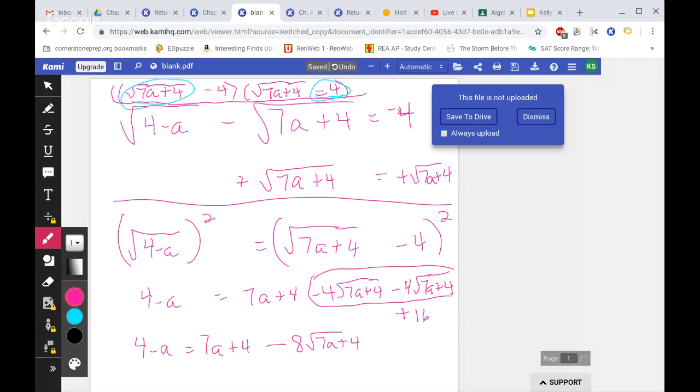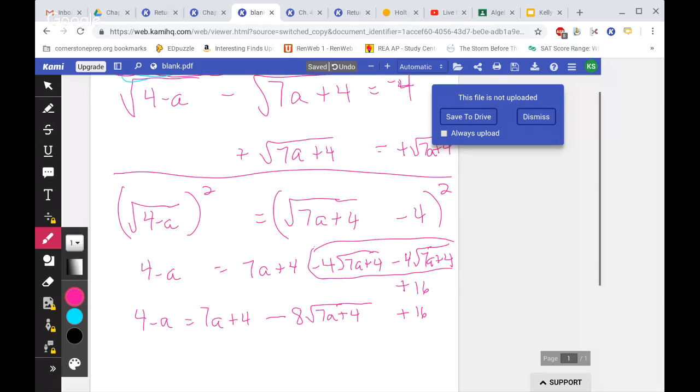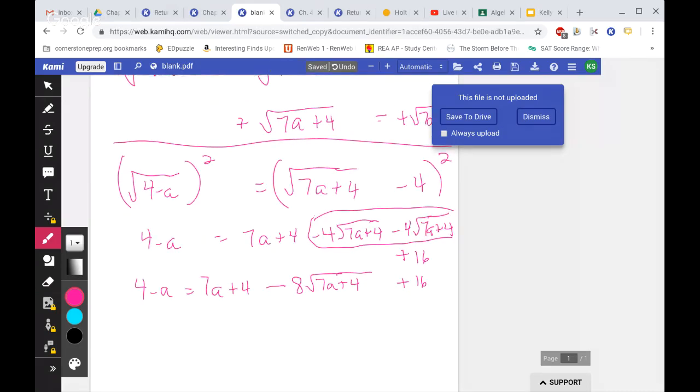Now, once again, I'm going to combine like terms because I've got this +4 and this +16. You might have done all of this in one step, but now I want to move my 7a to the other side to combine like terms.